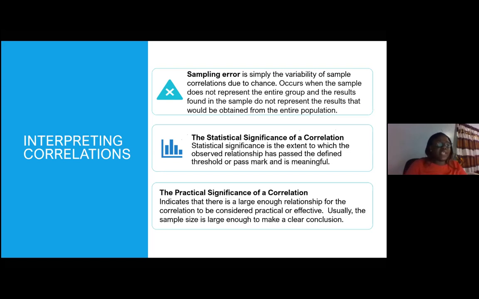Now, the usefulness of a correlation can be evaluated by considering statistical significance and practical significance. Statistical significance indicates only that you have sufficient evidence to conclude that an effect actually exists. So it does not guarantee that the relationship or the predictor is useful.